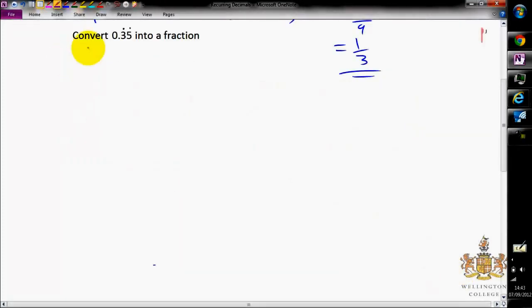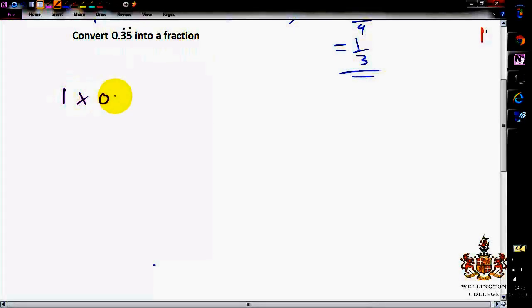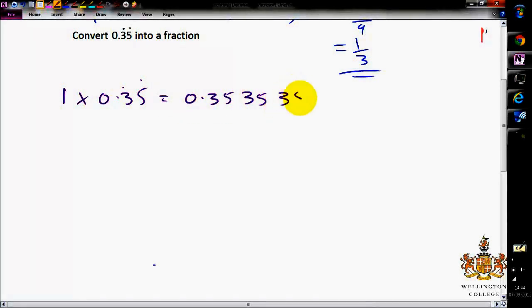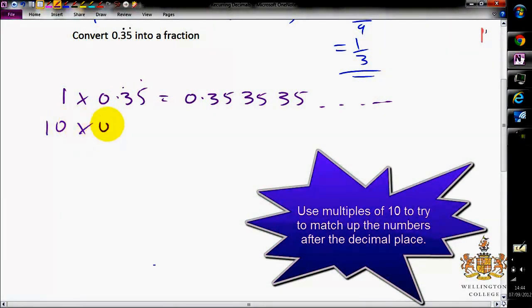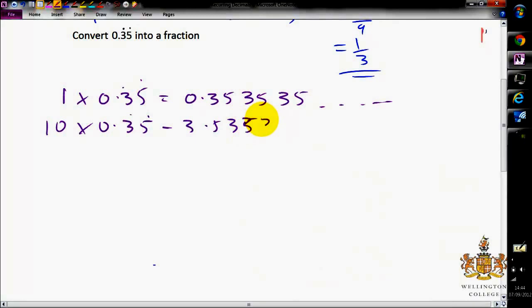So we're going to now try a harder problem, which is 0.35 recurring. So we know that 1 times that is going to be 0.3535. I better write it down. And the 3, 5 keeps reoccurring. 10 times that, we get 3.5353535 and so on.